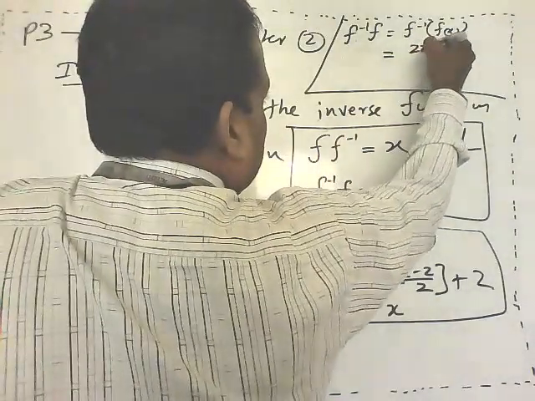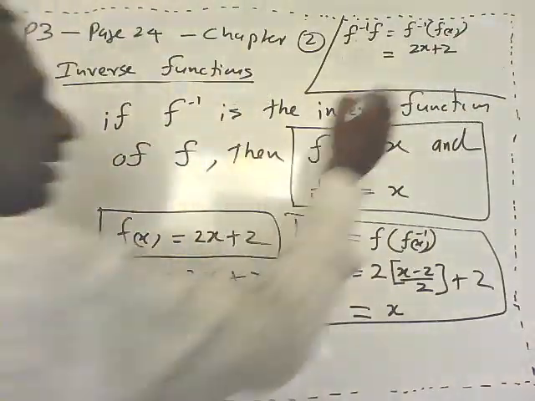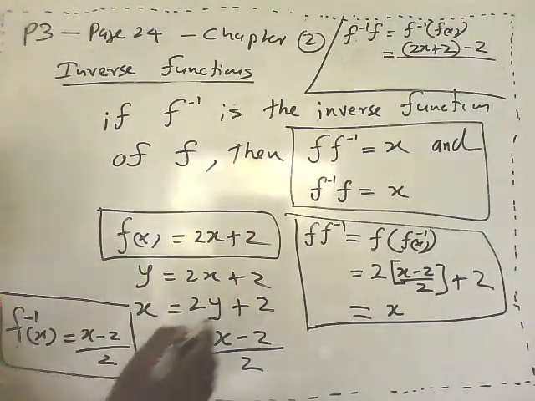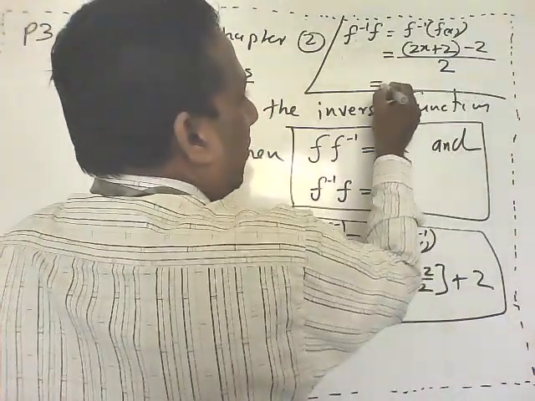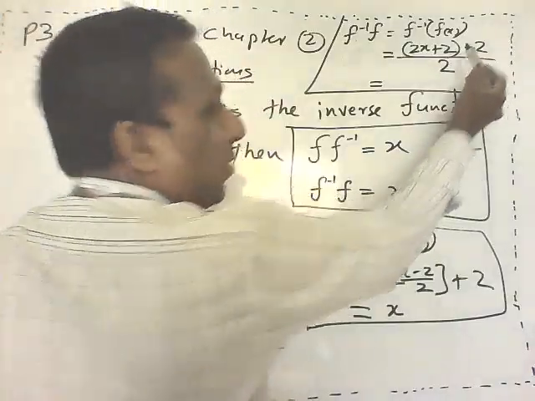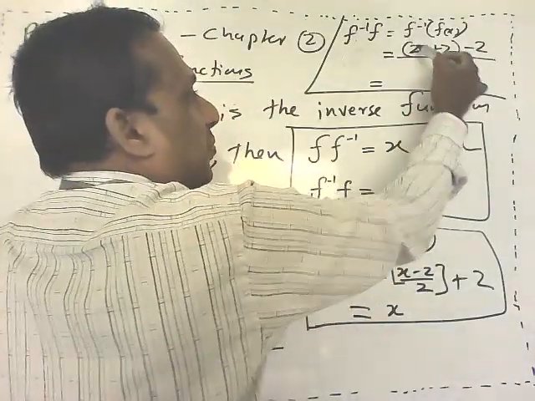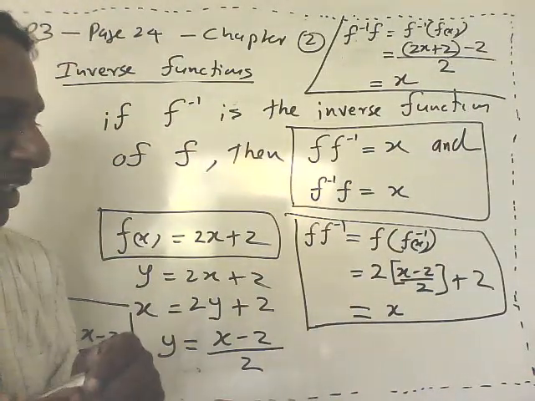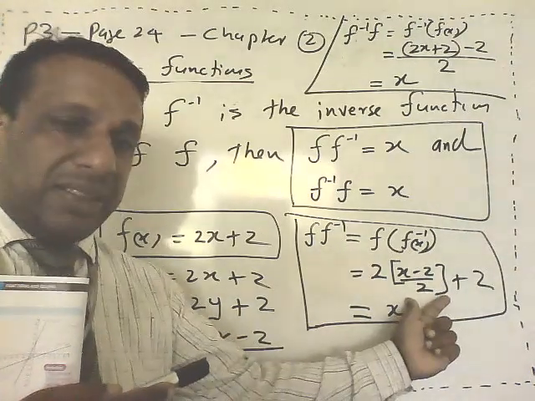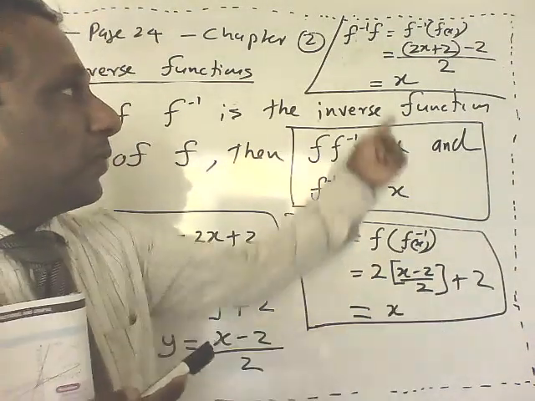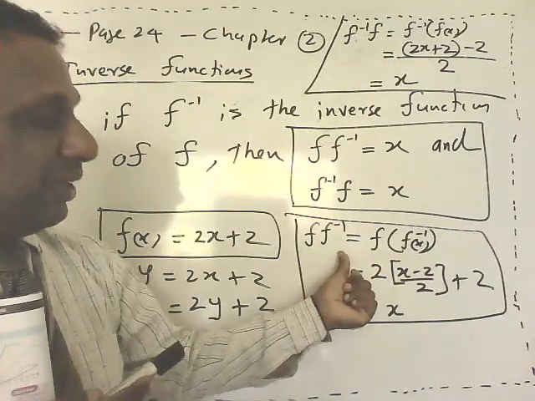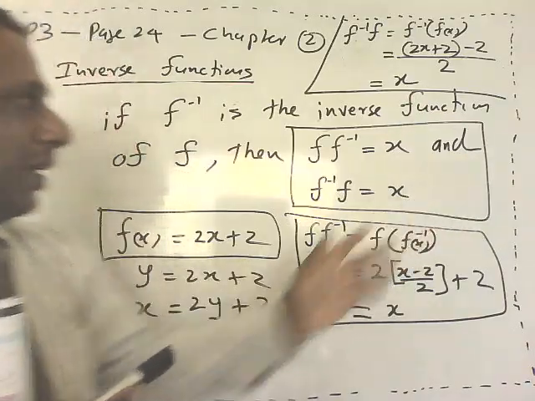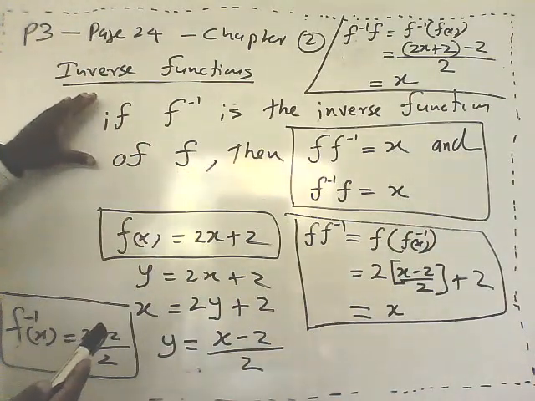So here (2x plus 2 minus 2) over 2. See, this 2 also gets cancelled off, 2x divided by 2 is x. So these are actually two different expressions. f inverse of f(x) is a different expression, but still it gives x. That is why it is defined.